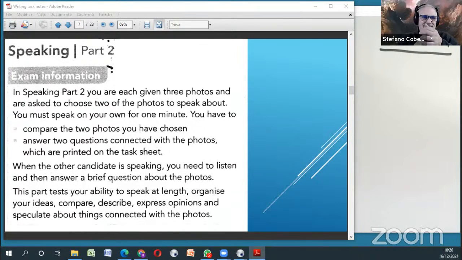And as it says, it's testing your ability to speak over, well, a minute and a half, something like that, a slightly sustained time, to compare, describe, express opinions, also to speculate, because one of the things when you're comparing is you might be asked to describe what these photographs may have in common, or what connections there may be.